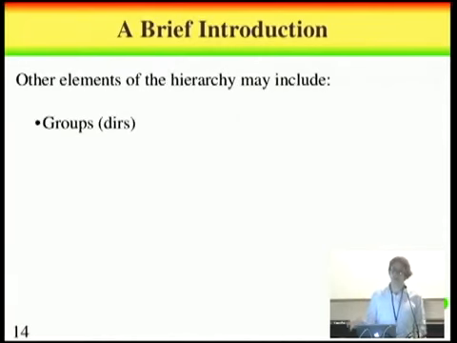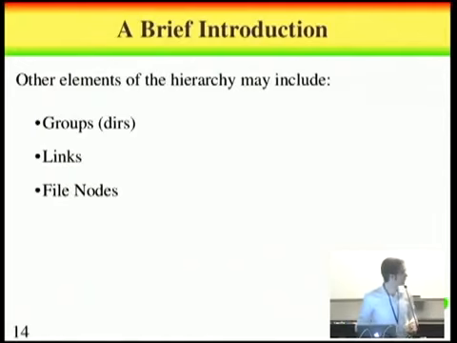There are other elements in the HDF5 hierarchy. So there are groups. These are equivalent to directories in your Unix file system analogy, right? So groups are other elements of the hierarchy that allow you to stick data sets or other groups inside of them. There are links, both hard and soft links, that can point from one node in your tree to any other node.